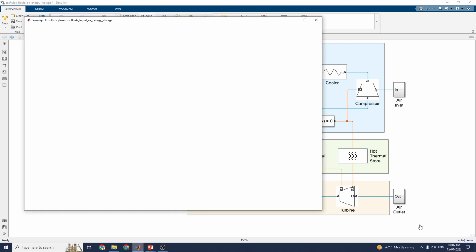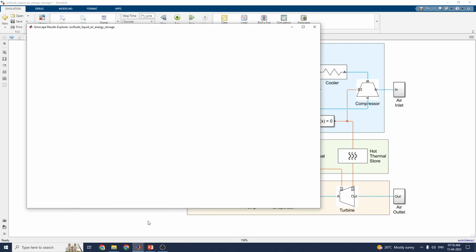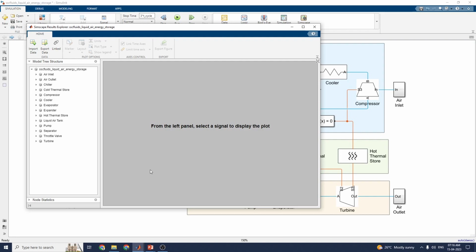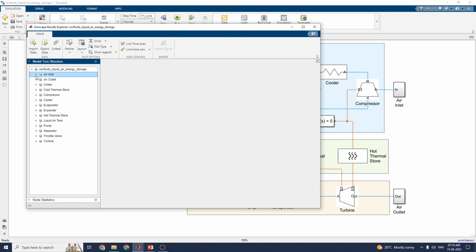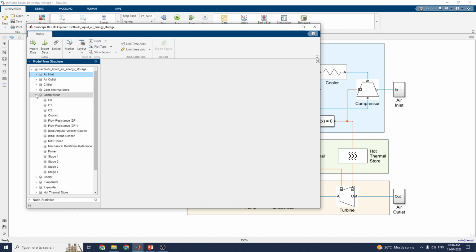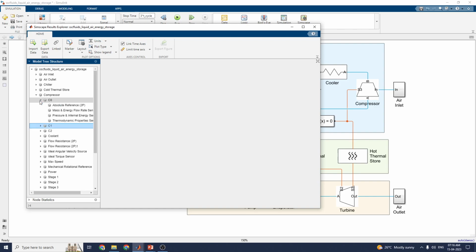Now you can see, from the left panel we can select the signal to display the plot on the right hand side. There are several blocks here. First one is the air inlet, air outlet, chiller block, cold thermal store. And you can see for each and every block what the plot is, for this compressor and all.